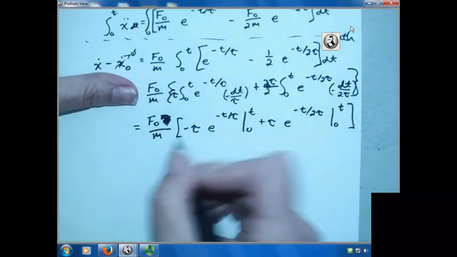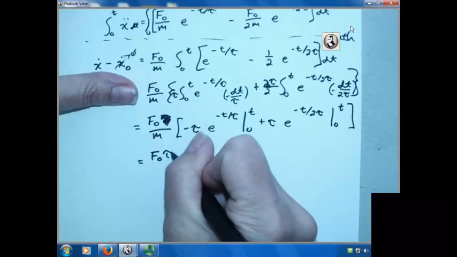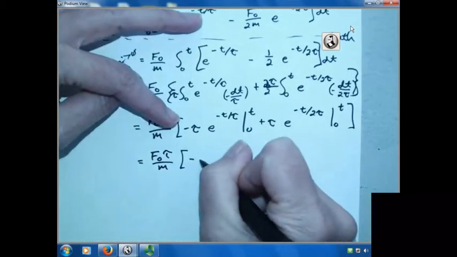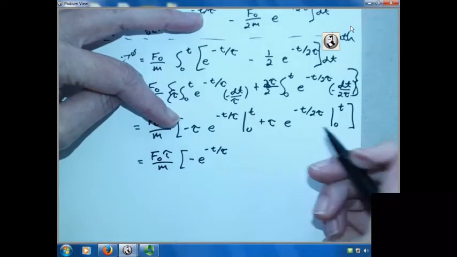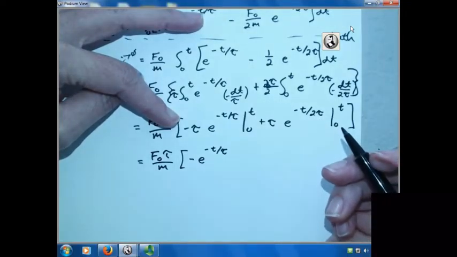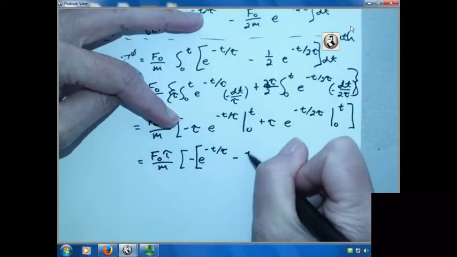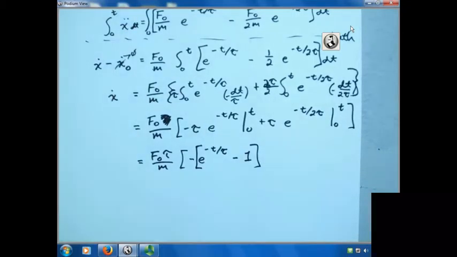Okay, now I think it's all right. Now I can pull my tau out front. I'm obviously wanting to do that. F naught tau over m times negative e to the minus t over tau, minus 1. I'll just evaluate that function and put my minus sign out front, because when t is 0, I have e to the 0, and that's 1. You guys all right with that line?